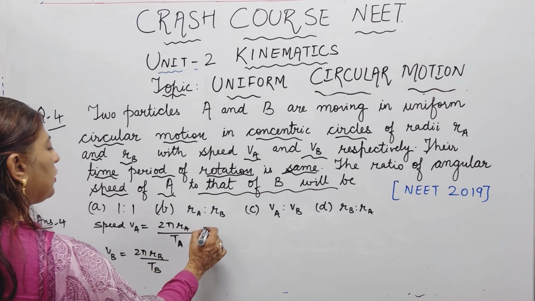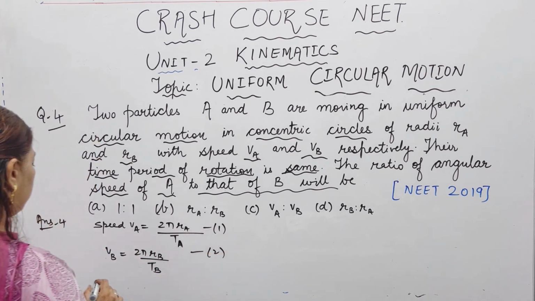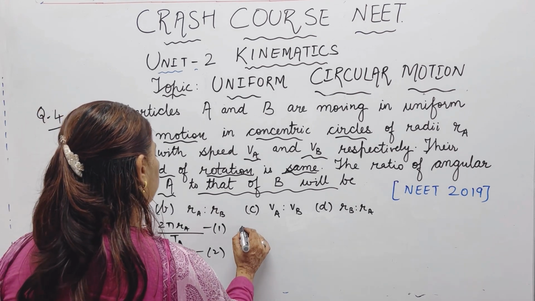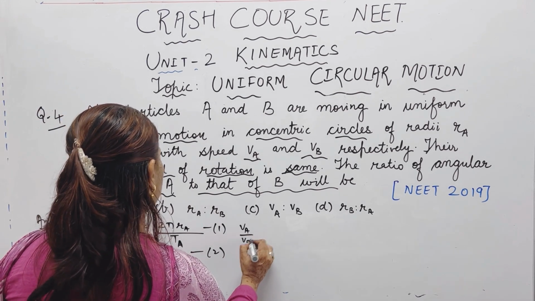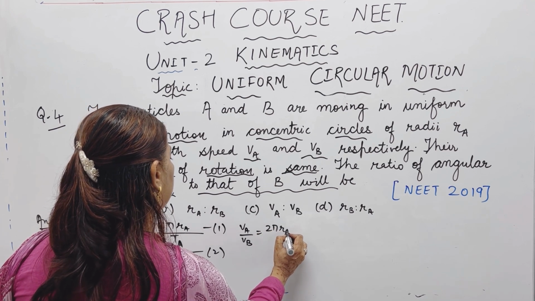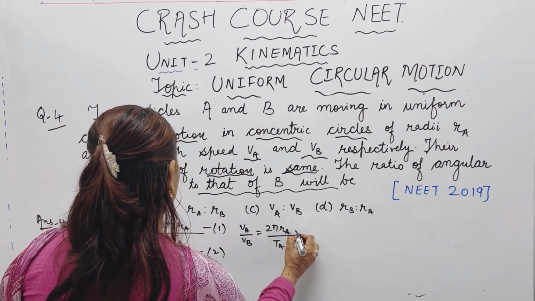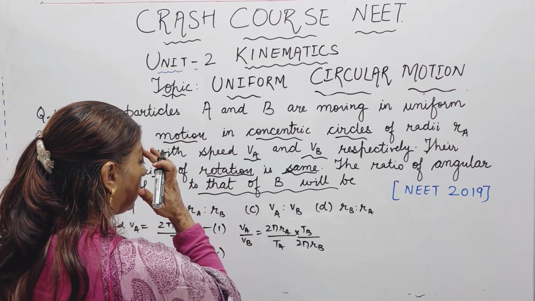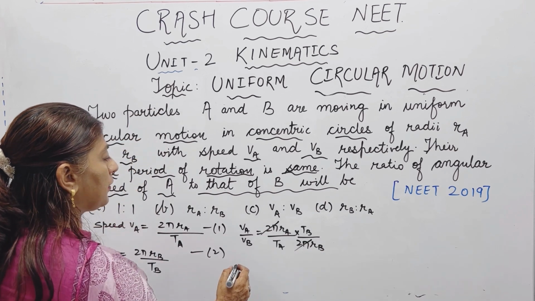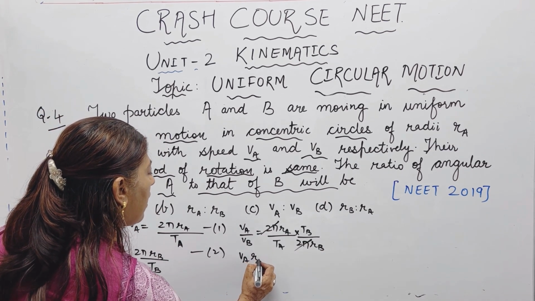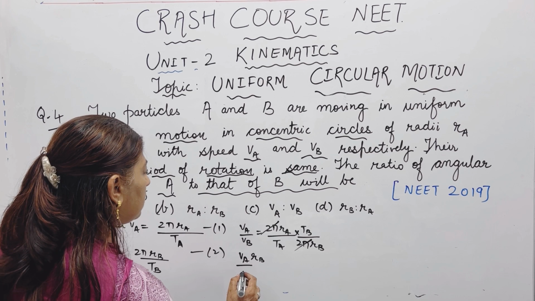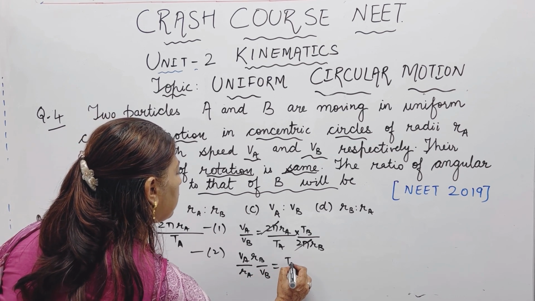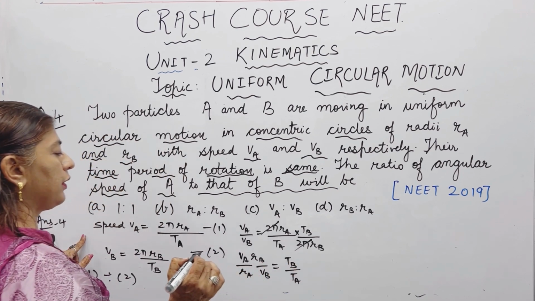Now if we divide these two equations, 1 divided by 2, we get VA upon VB equal to 2 pi RA TB upon TA into 2 pi RB. So 2 pi cancels with 2 pi. We can write VA RB upon RA VB is equal to TB upon the time period for A.